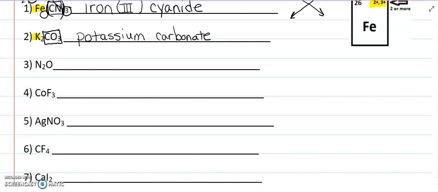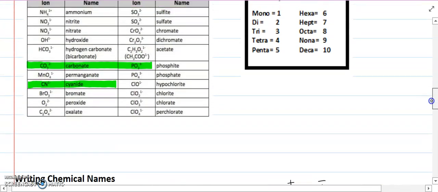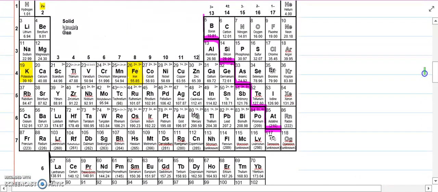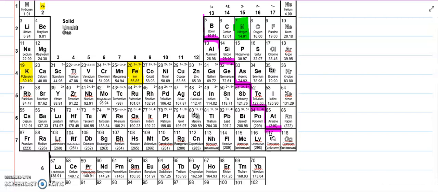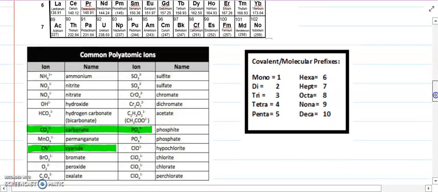So my next nonmetal, it's different because this is nitrogen. And nitrogen is found on my periodic table, but I am to the right of the stair-step line, and that means this is a covalent compound. So if it starts with nitrogen and it's not NH4, I have to use prefixes.